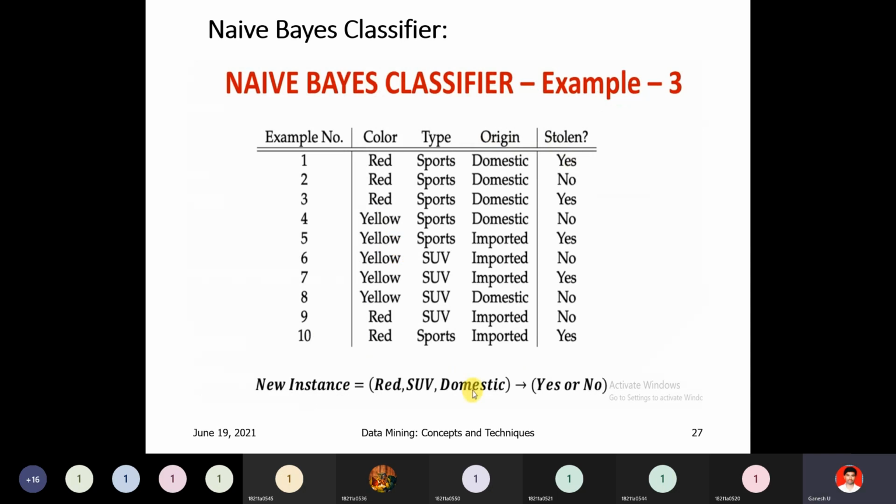This is the first example of the naive Bayes classifier. The color red, type of the car, origin of the car: what is the probability of it being stolen or not stolen? Here also there are two classes, S class or no class, and we have to find out which. Red, SUV, domestic: it belongs either to S class or no class.